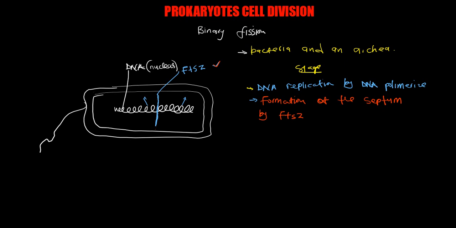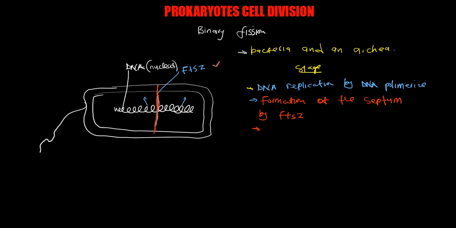The formation of the septum is called septation. Through the use of FtsZ, this enzyme is there to make things soft, and that's the reason the formation here is made by FtsZ.